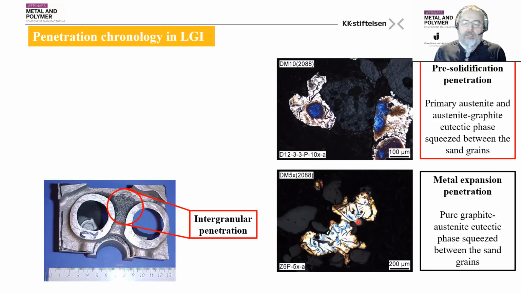This is associated with the metal expansion penetration at the later stage of the solidification, when a part of the structure has been formed, the primary phase exists, and the remaining liquid phase has been segregated to an eutectic composition and was squeezed in between the grains.